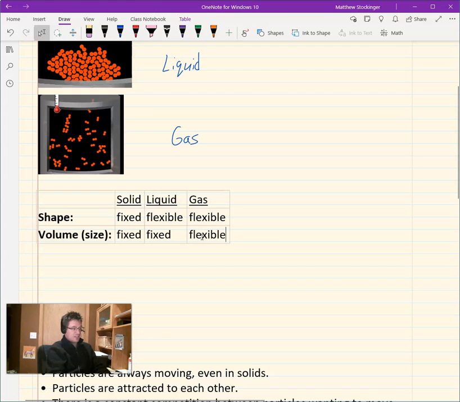Gases, on the other hand, are flexible in both. They can change shape, and the gas can spread out. It can expand. You can expand a gas. You can compress a gas into a canister. We know these things from our life.